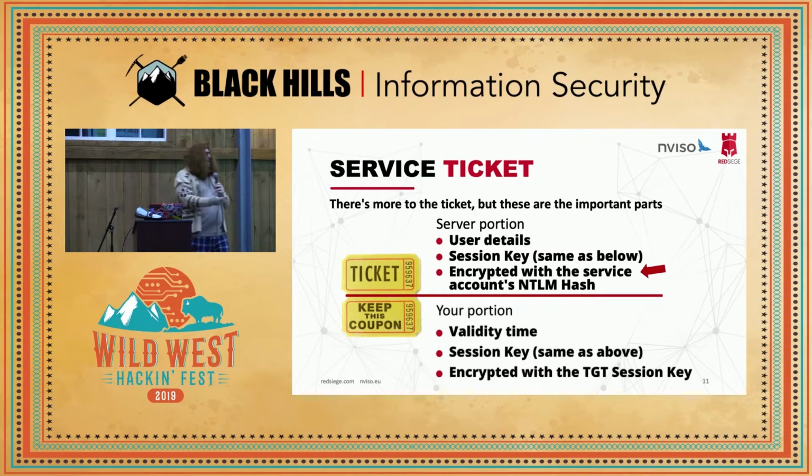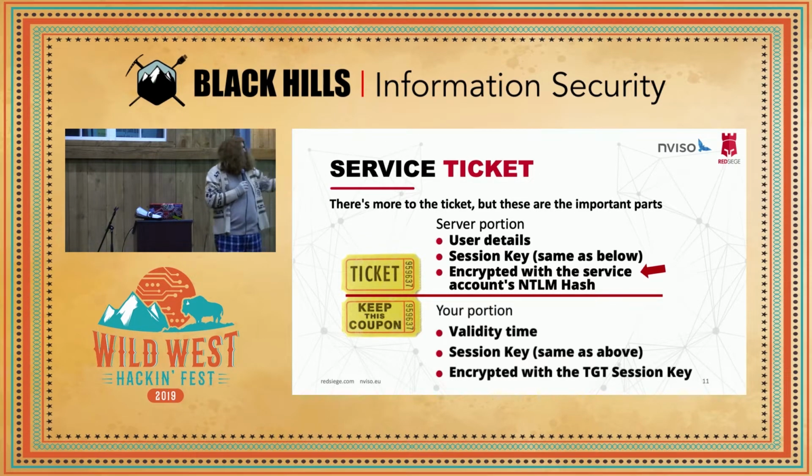So inside that ticket, as we mentioned, we have the PAC. But there's a half that I keep, and there's a half that I send to that remote system. So the half that I send to the remote system has information about me. There's the validity period. There's also a session key. Now, in the half of the ticket that I keep, I also have the same matching session key.